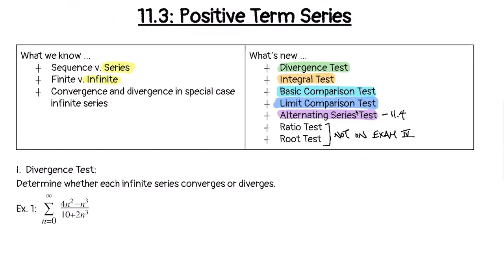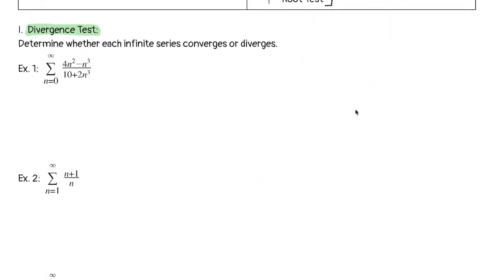And with that, let's get started with our divergence test, okay? So our divergence test is very similar to what we've already seen, okay? We didn't actually put a name on this before, but when we were looking at sequences, so 11.1, one of the things we did is we said, what happens when we plug in infinity?